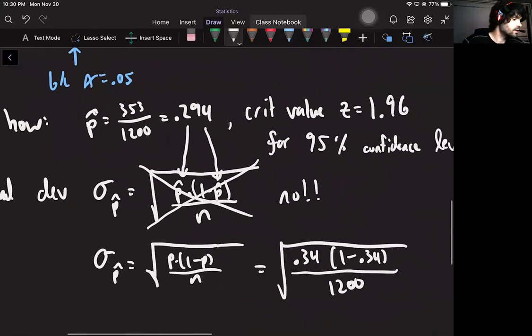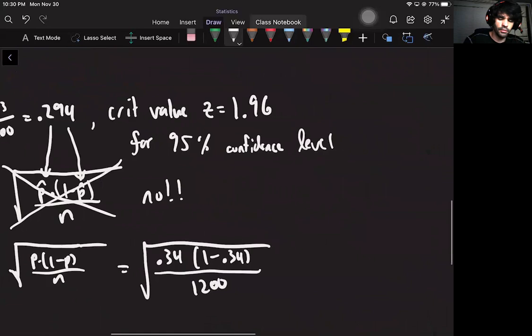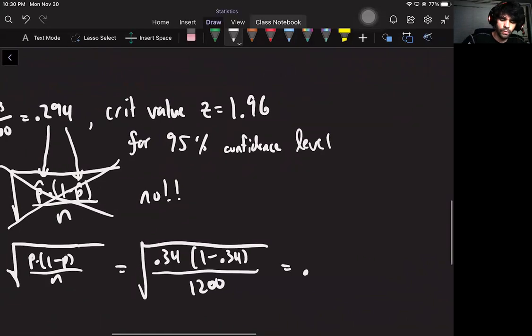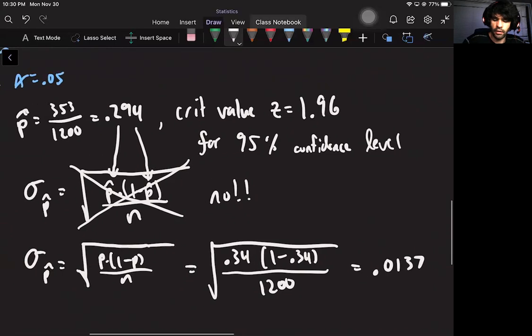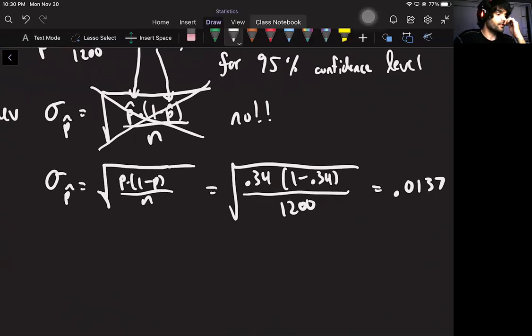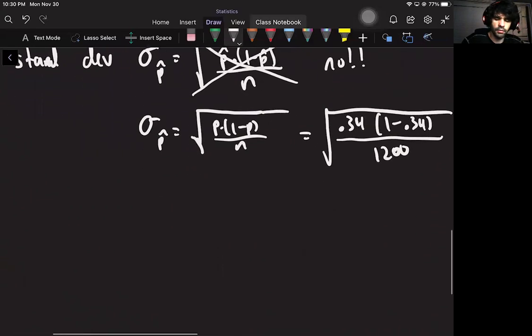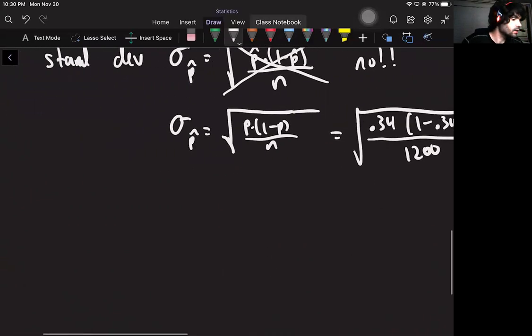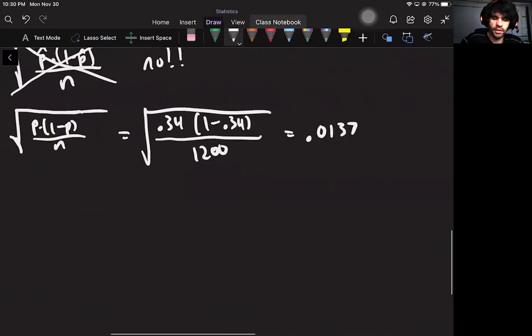Okay, so that's going to be the standard deviation that I'm going to use for this confidence interval. So a little bit different than when you make a confidence interval. Different type of problem, slightly different standard deviation. Okay, so just keep that in mind. Very big warning there.